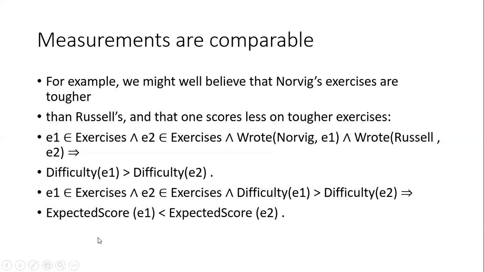For example, if you take an exercise written by Norvig that is tougher than one written by Russell, we represent E1 belongs to Exercises and E2 belongs to Exercises, with Writer(Norvig, E1) and Writer(Russell, E2).